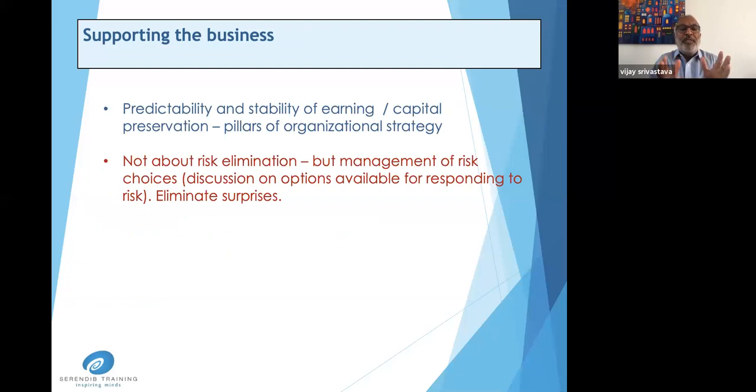We're supporting the business, we agree, right? And if a business is looking at a strategic risk appetite statement or a strategy statement, predictability and stability of earning is a key thing. Volatile earnings, nobody likes. The shareholders don't like it, the rating agencies don't like it.